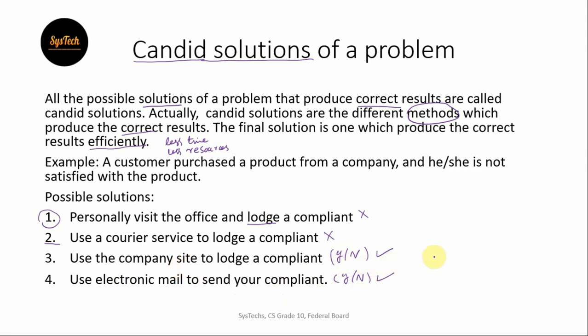If the company has an SOP, standard operating procedure, to submit your complaints through the website, we shall go for this solution. But for example, if the company doesn't have any mechanism to register the complaints, then this is not a solution. Then we shall go for the electronic mail. This will be our best solution.